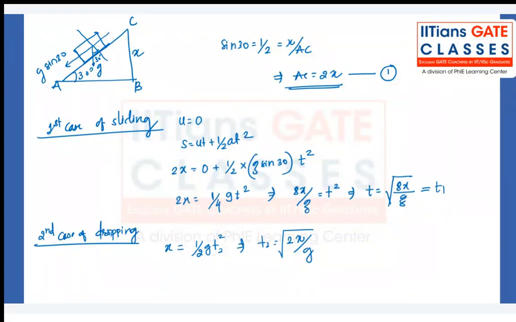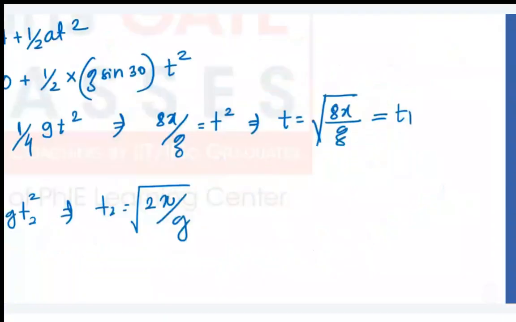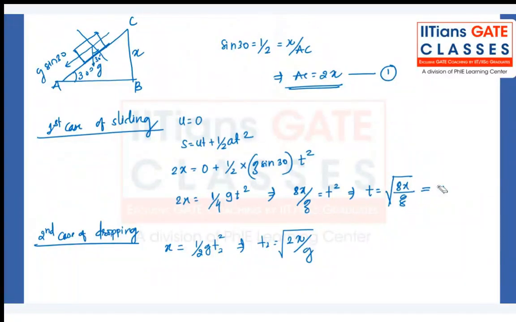Yeah, so we have the relation here between t1 and t2. How can we write t1? t1 can be written as 2 times under root of 2x by g. So we can say that t1 is equal to 2 times t2.